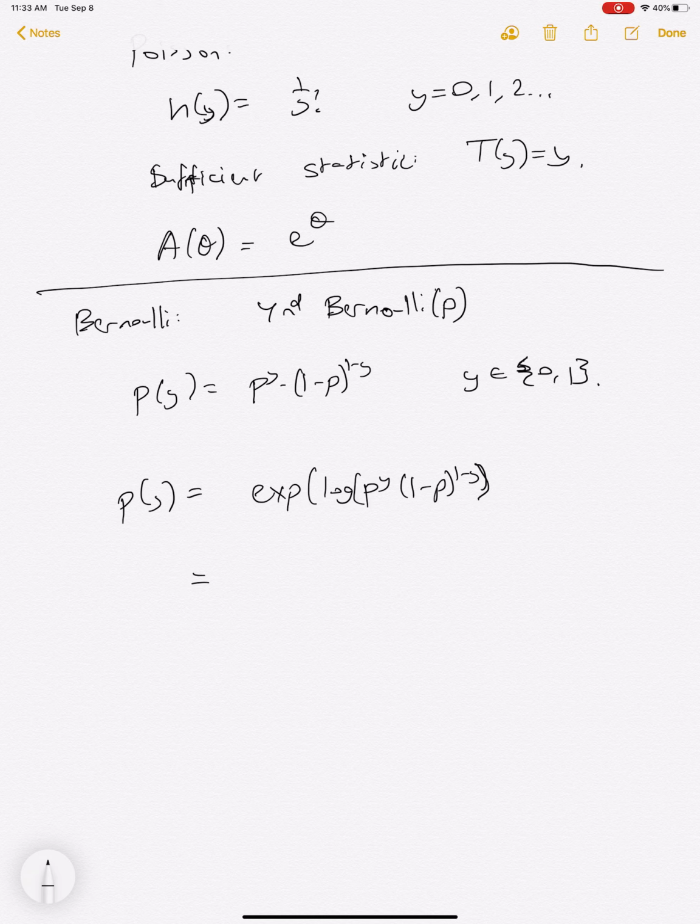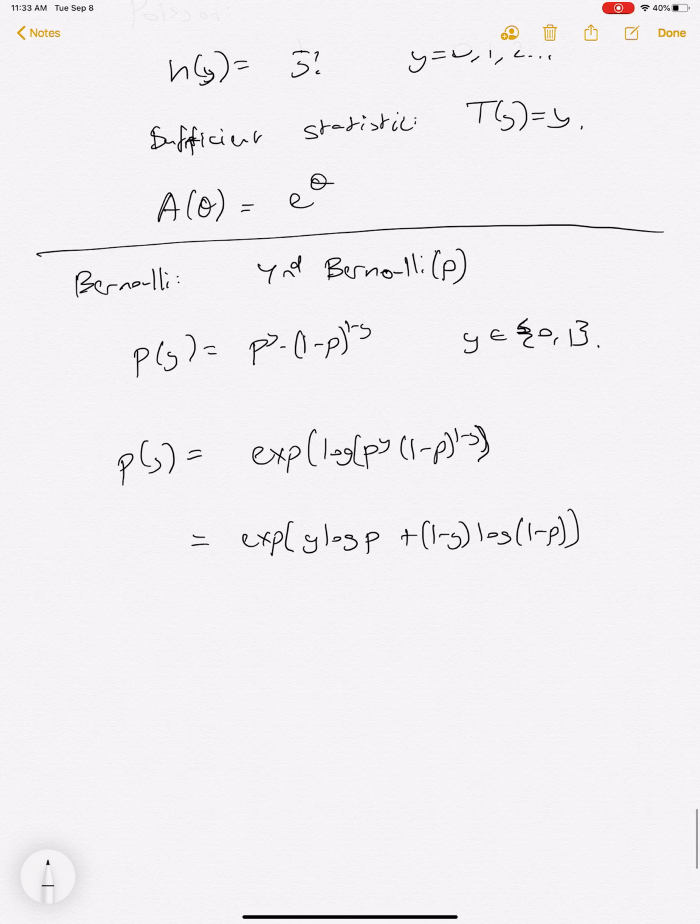When you're dealing with logs, multiplication and powers become really easy to deal with. It's just going to be y log p plus 1 minus y log of 1 minus p. And so we want one expression that has a y in it, and then one expression that doesn't have anything to do with y.